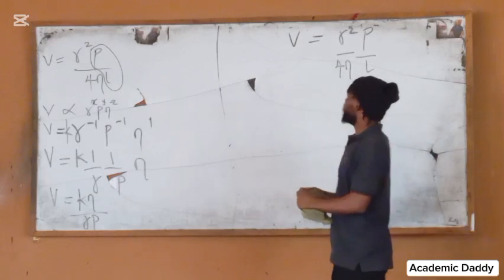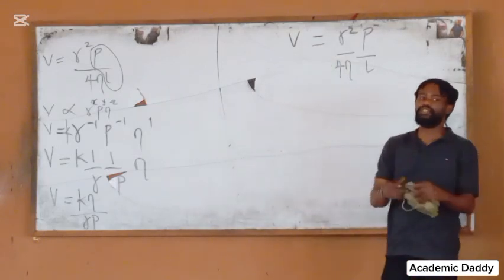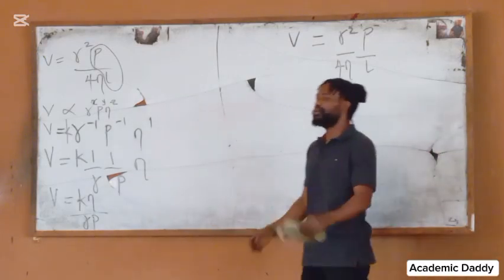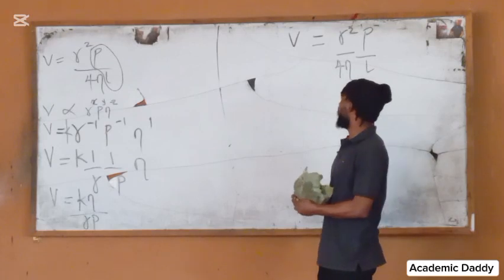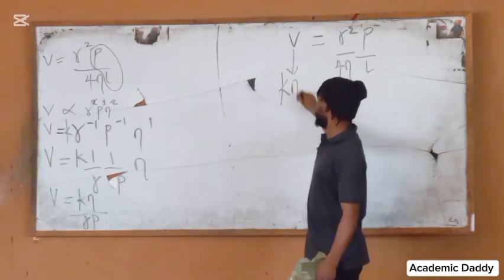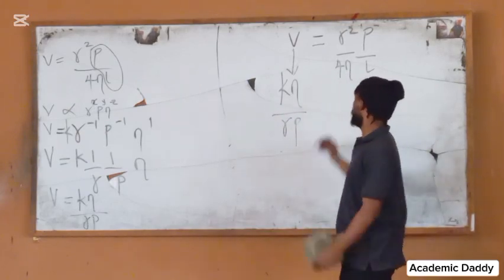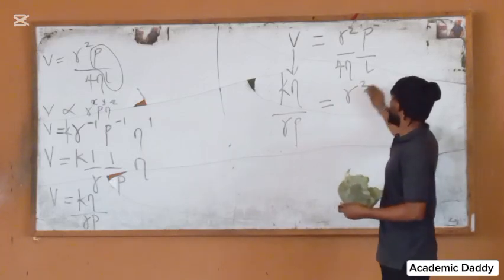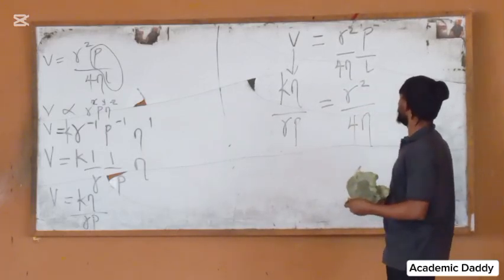Then I should find the dimensionless constant, and the dimensionless constant is K. From this equation given to me, I've been able to get that V is equal to K viscosity over R rho. So I will replace this V with K viscosity all over R rho, equals R squared P over L all over 4 viscosity.